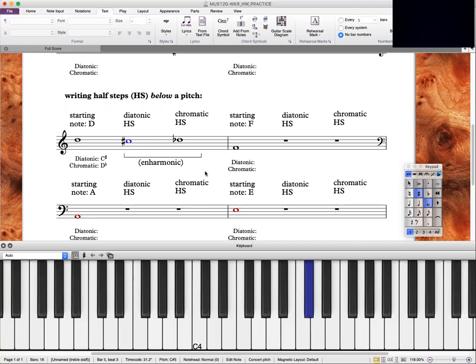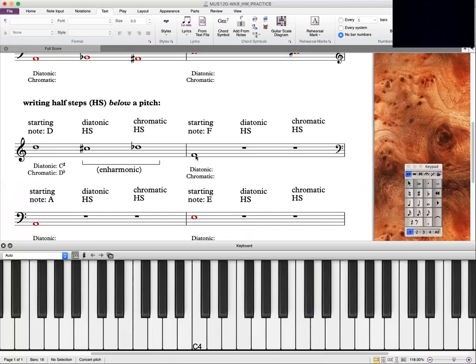Or one key closer to the headstock if you're on a guitar or a bass, right? One fret closer. So D down to C sharp is our diatonic half step, right? We're changing letter names again, so D to C sharp. Chromatic half step, D to D flat.